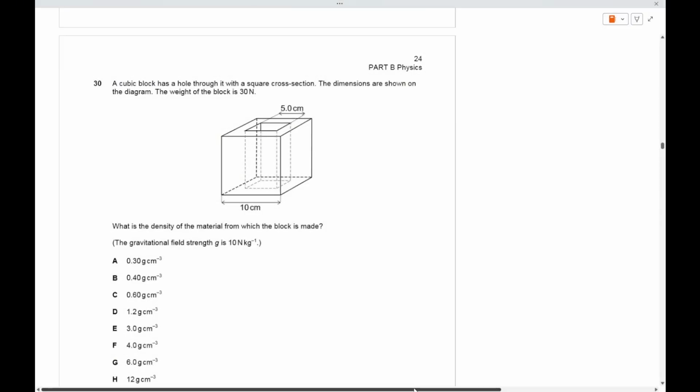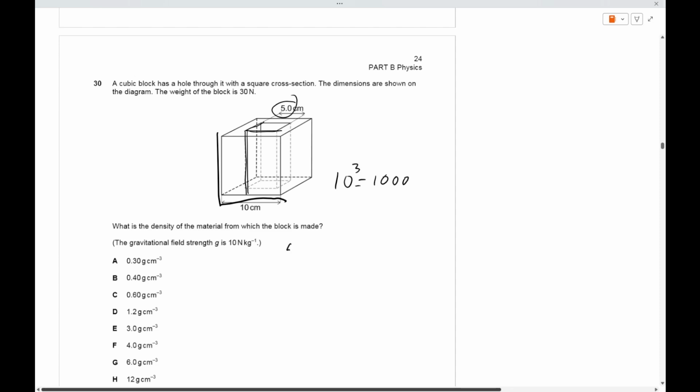The first step to solving this question is to find out the total volume of this shape. To do that, we first find the volume of the cube, which is 10 to the power of 3, because it's all in centimeters, just 1,000, minus the volume of this cuboid over here, which has a square face of 5 and a height of 10.